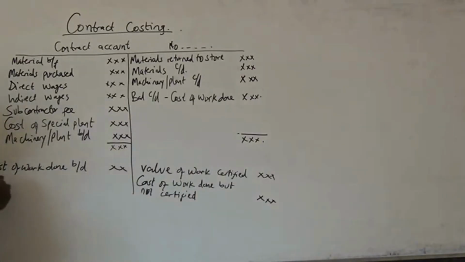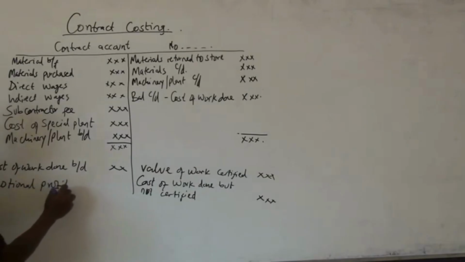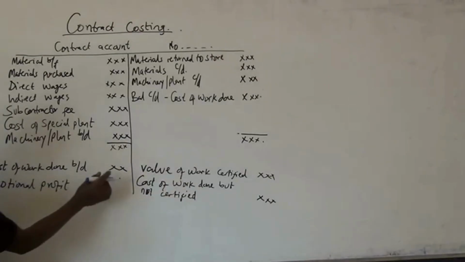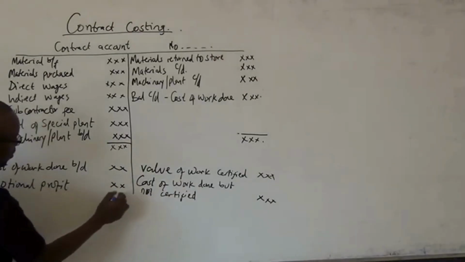Then from there, you get what? The notional profit. If you balance this, you get the notional profit.